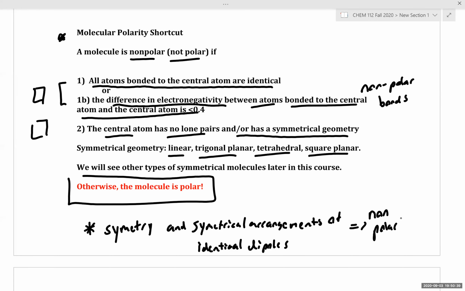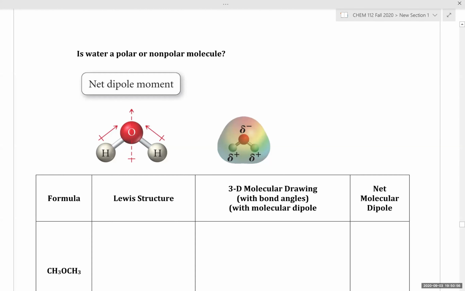For example, when we look at water, is water a polar or non-polar molecule? Well, first, following our criteria, water has polar bonds and it has lone pairs around the central atom, so it is polar. Additionally, if we add the dipoles together, and we don't have to do formal vector addition every single time, I'd just like you to tell me, where are the bond dipoles pointing?